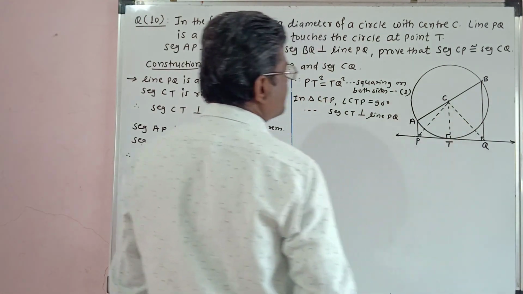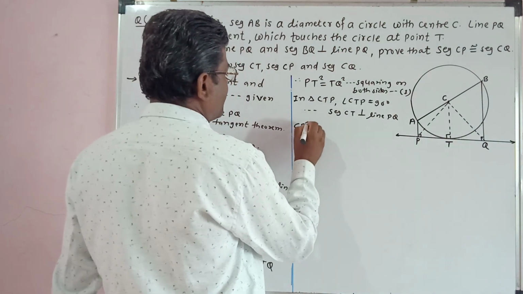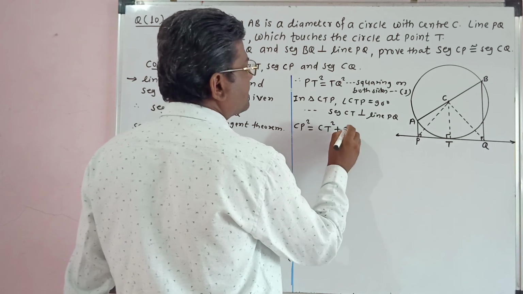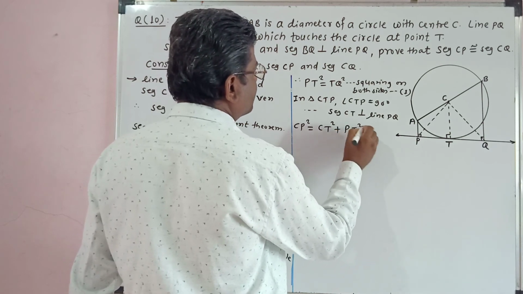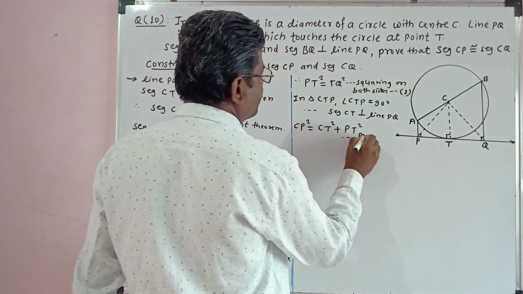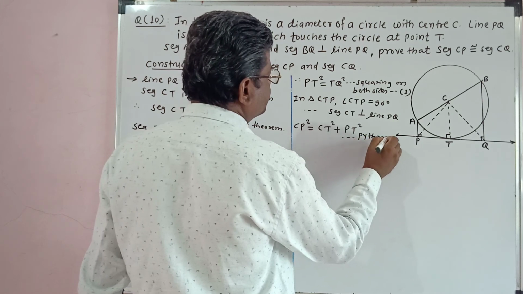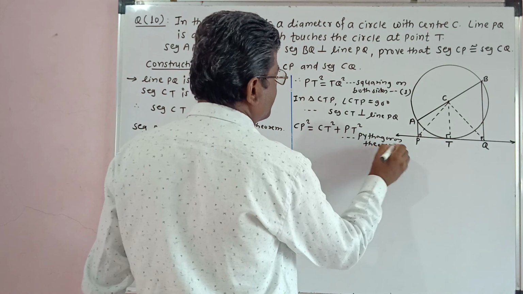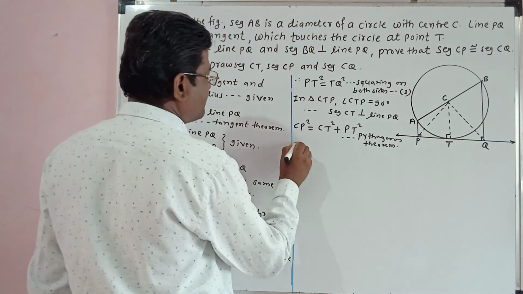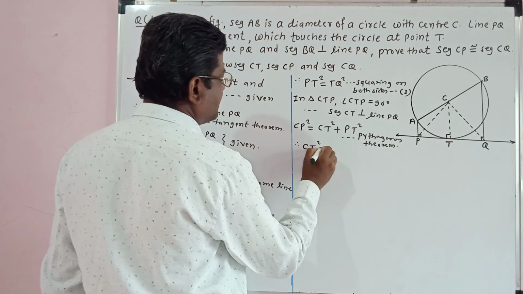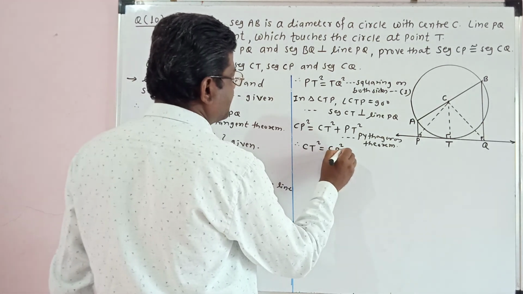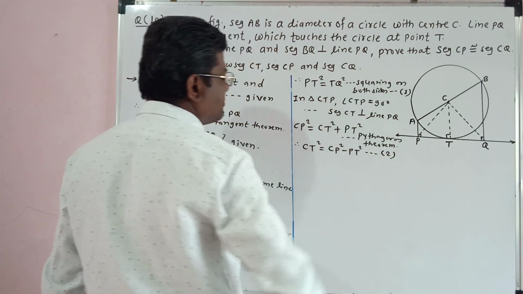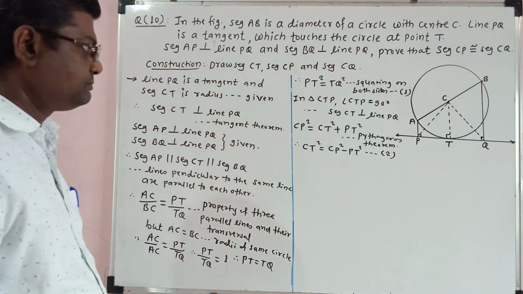Therefore CP is the hypotenuse. Therefore CP square is equal to CT square plus PT square, by Pythagoras theorem. From this, CT square is equal to CP square minus PT square. This is equation number 2.